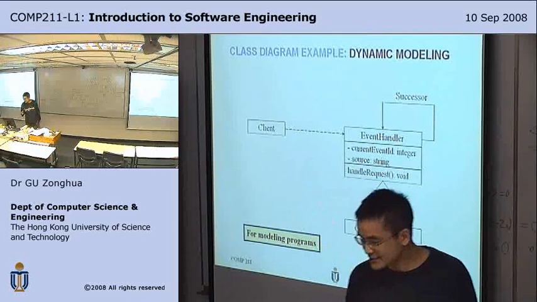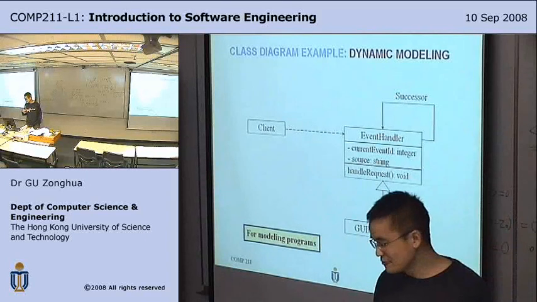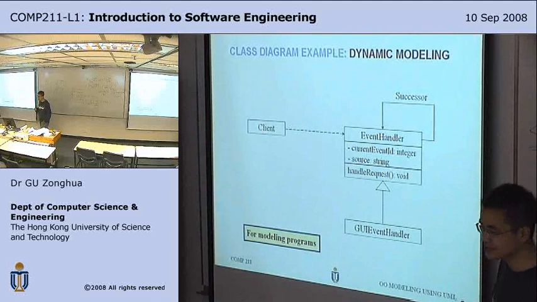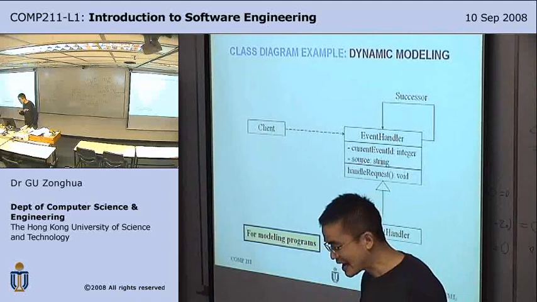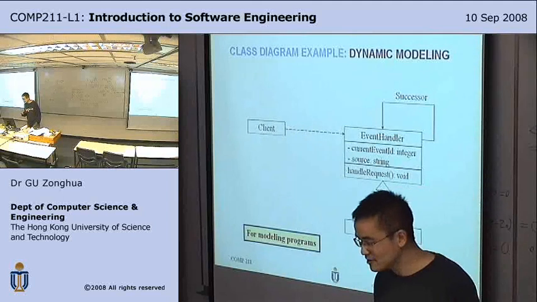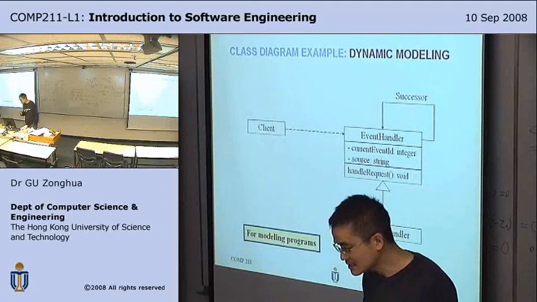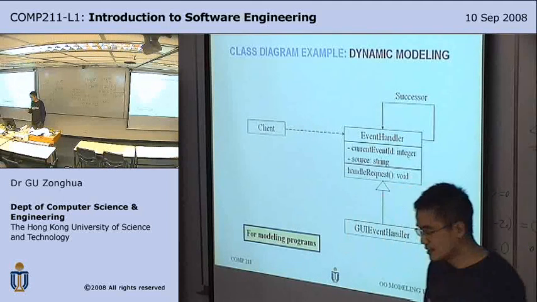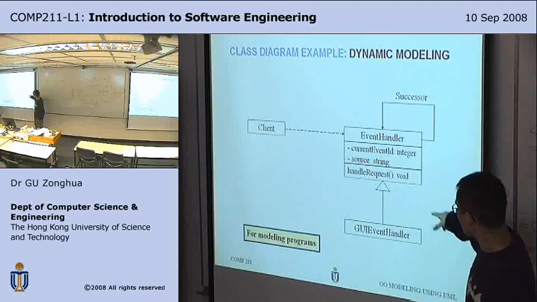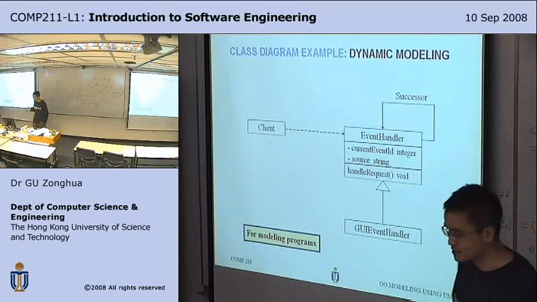Each event has an ID and has an event handler. So whenever this event happens, the event handler is invoked, and you call this handle request method on the event handler object.